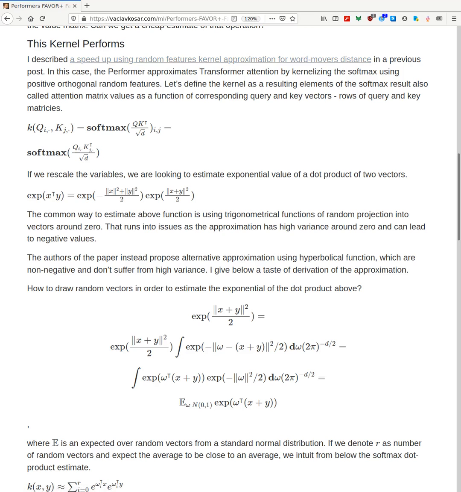But here we are approximating the softmax effectively. So in the Performer case, the transformer attention is approximated by kernelizing the softmax using positive orthogonal random features. I will try to explain this here. I don't know, have you heard about the orthogonal random features? I will try to explain them.